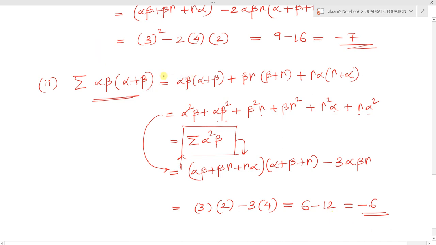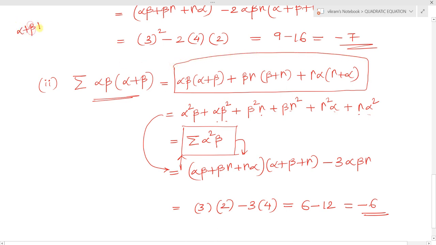So now we can simplify this in another manner also. I am considering the step over here. We obtained the sum of the roots alpha plus beta plus gamma equals 2. So from this we can write alpha plus beta equals 2 minus gamma, then beta plus gamma equals 2 minus alpha, and gamma plus alpha equals 2 minus beta.